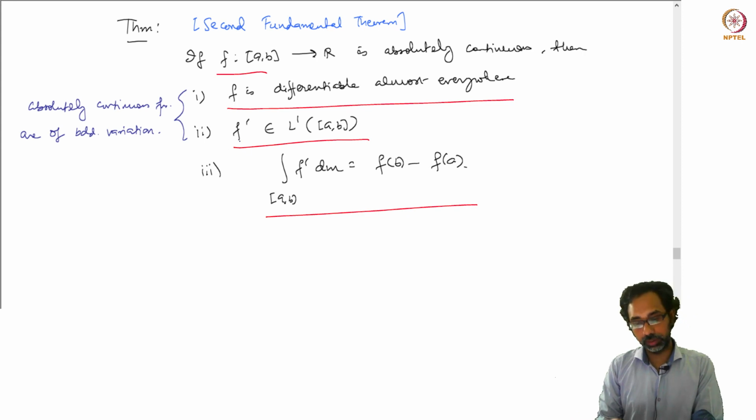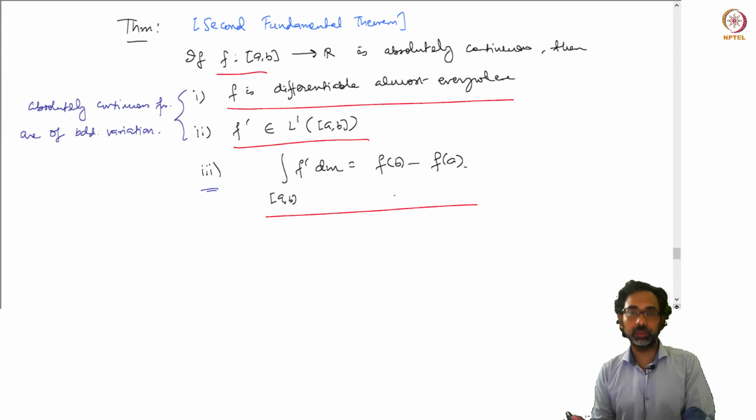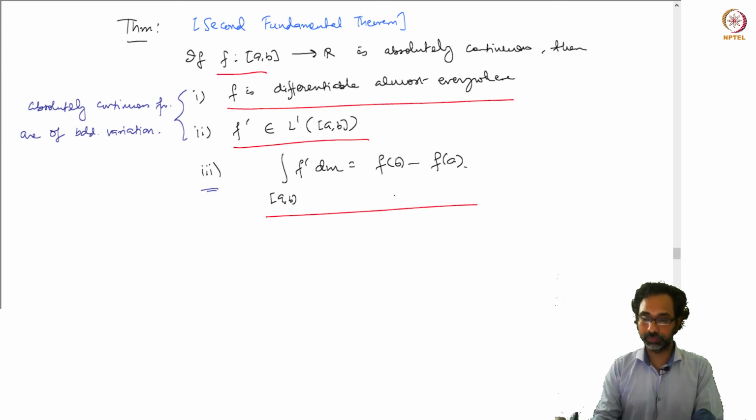It's also true that the derivative of the bounded variation function, which is defined almost everywhere, is in fact an L1 function. So this third part is where the absolute continuity plays a role, that the second fundamental theorem of calculus holds. So we come to the end of this topic about differentiation theorems.